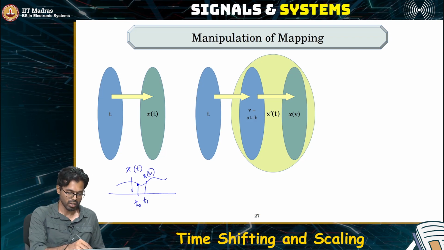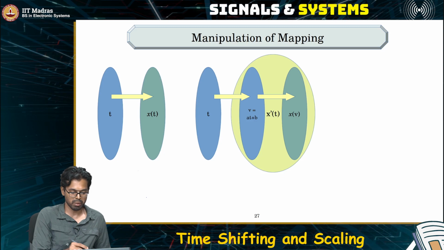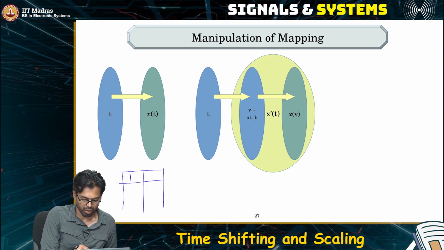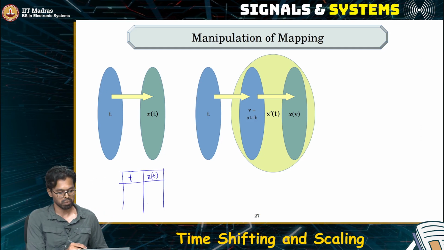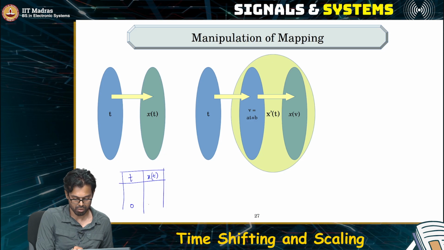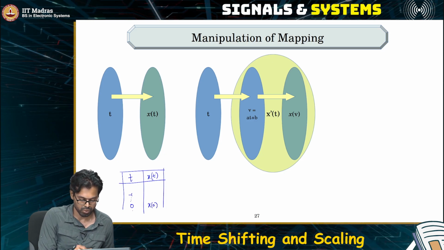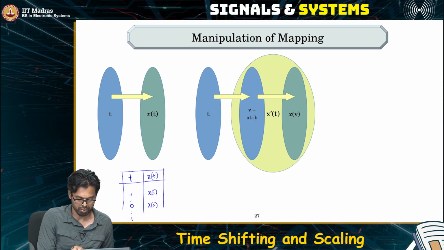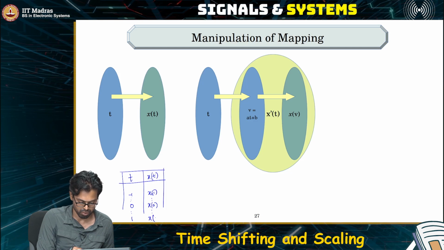In other words, what is this entire thing? It is almost like a table, right? So you just draw a table and then say that t is this and x of t is this. So for t equal to 0, you have x of 0, and then minus 1, 1. Similarly, you have x of 1, x of minus 1.